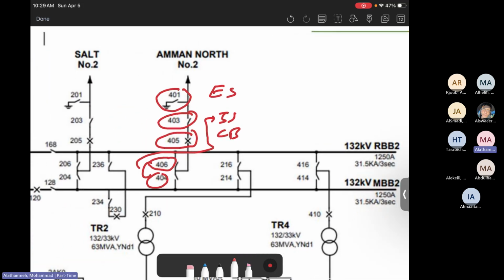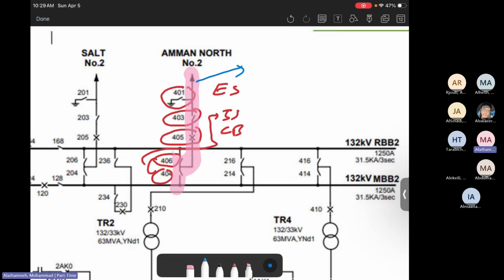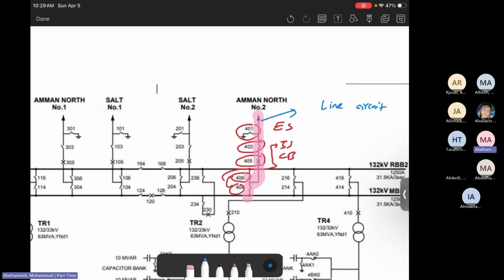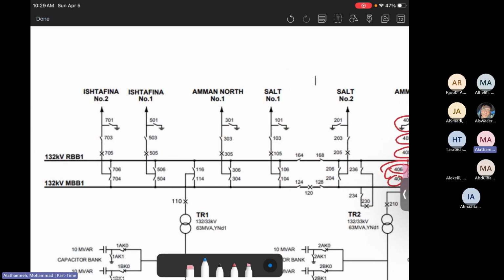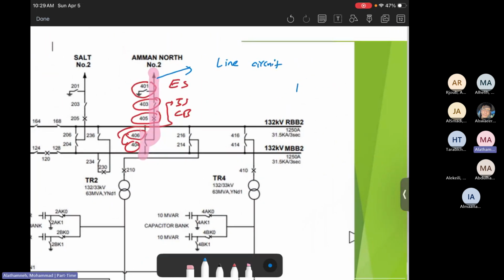Then this part associated with North Amman, we call it line circuits. Then you will see North Amman line circuits and Salt line circuits, another North Amman line circuits, Shtafena 1 and 2, there's a line circuit each one. Then there is another circuit, we call it transformer circuits.